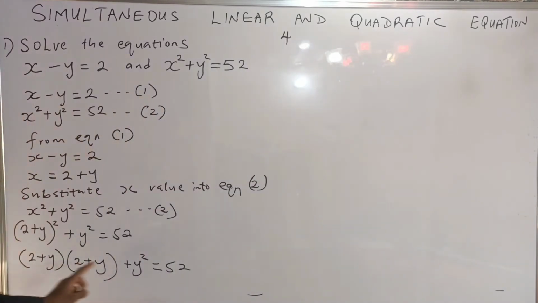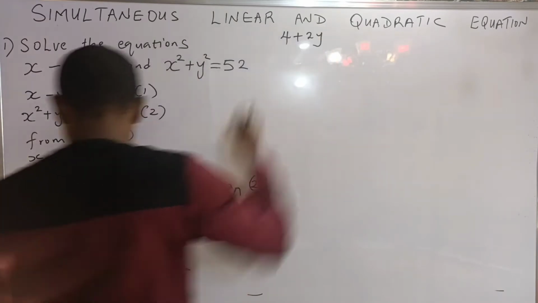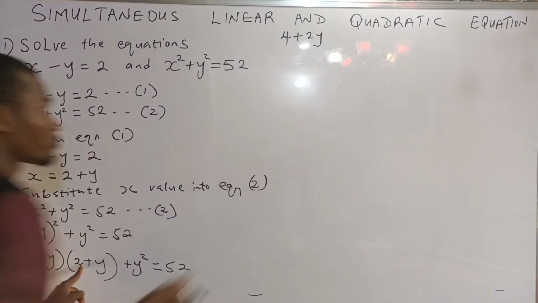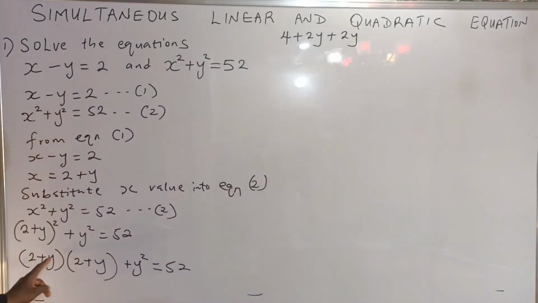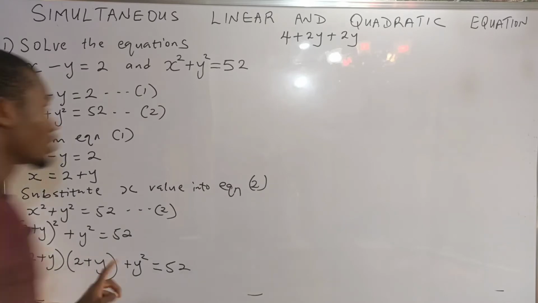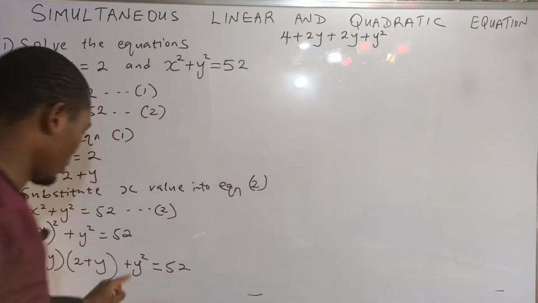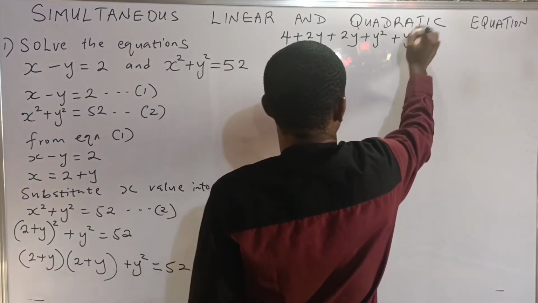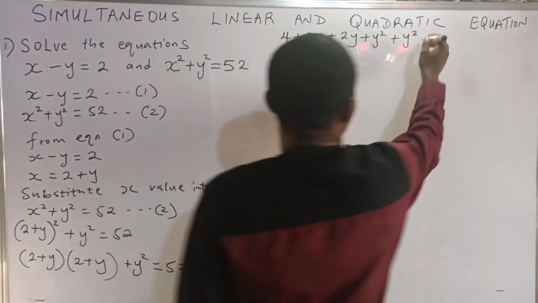Then 2 multiplied by y will give us plus 2y. Then plus y multiplied by 2 will give us plus 2y. Then y multiplied by y will give us y raised to the power of 2. Then plus y squared, and all equal to 52.